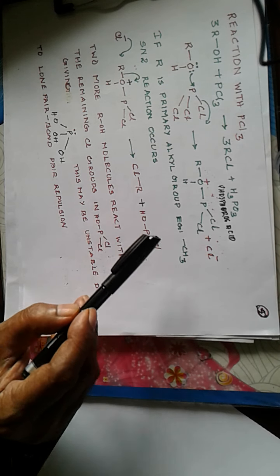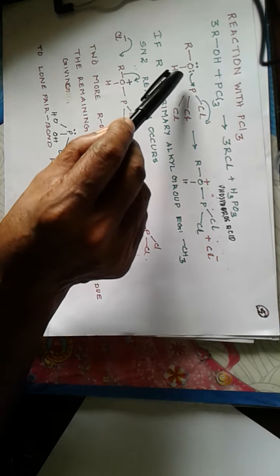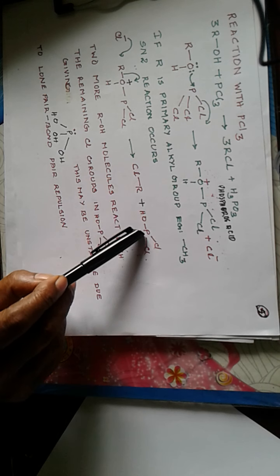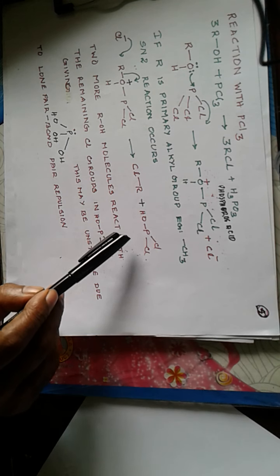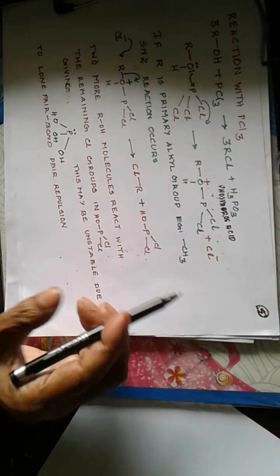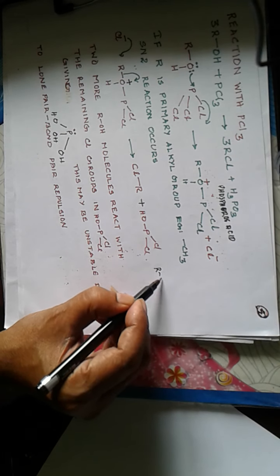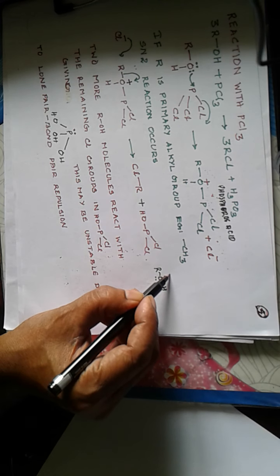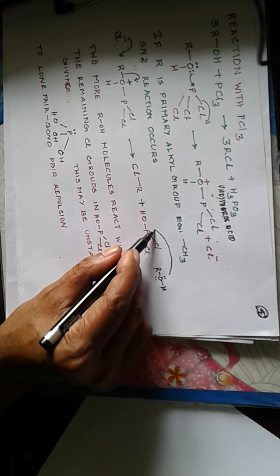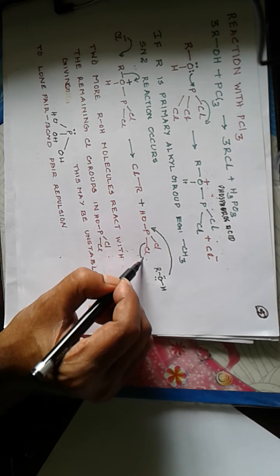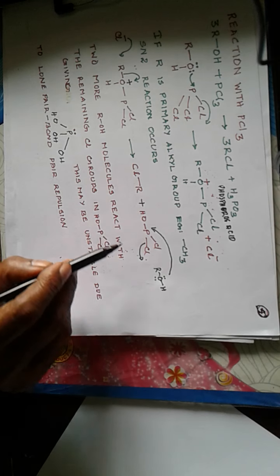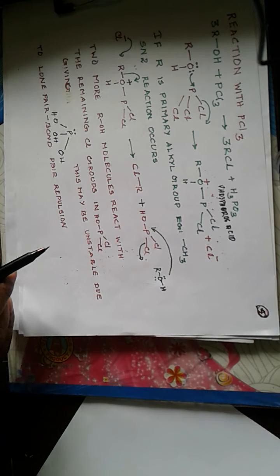Now this Cl again can be removed by reacting with another alcohol molecule. So another alcohol molecule attacks this P, where the lone pair of the oxygen atom is given to phosphorus with the simultaneous removal of Cl⁻ as shown here. Then we are able to get a second molecule of RCl by the same procedure.